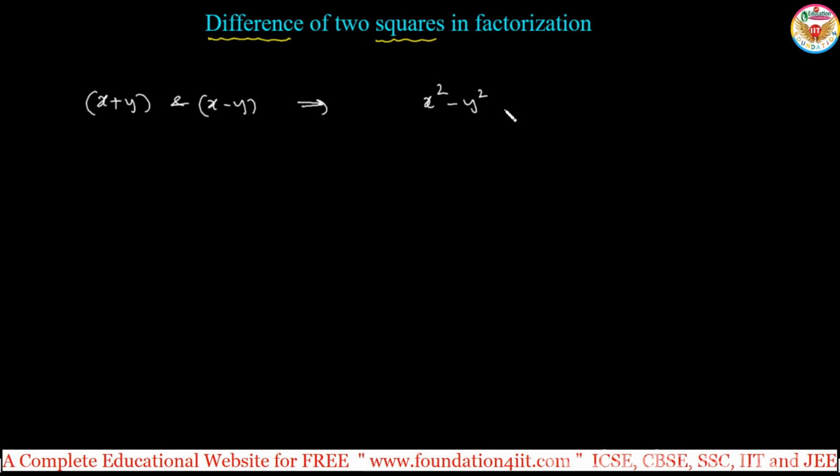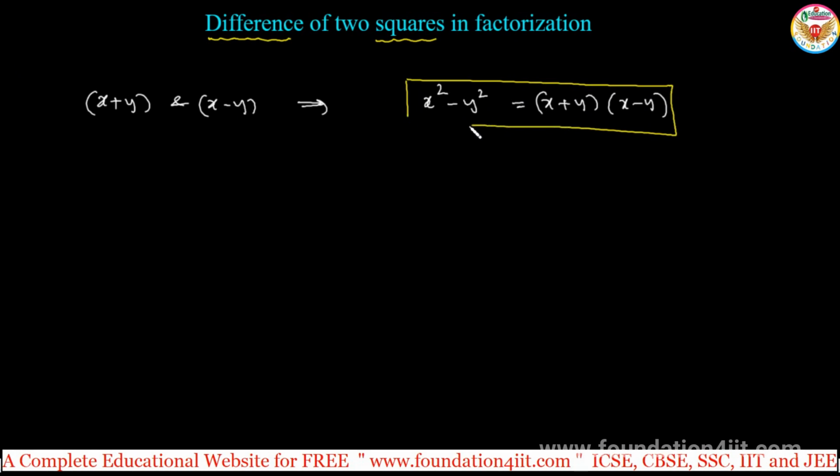Use this formula: x square minus y square is x plus y into x minus y. Since you know this identity, using this we can factorize questions related to the difference of two squares. Now let us see the problem.